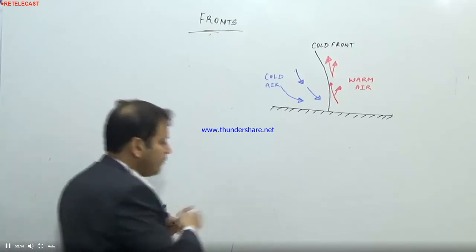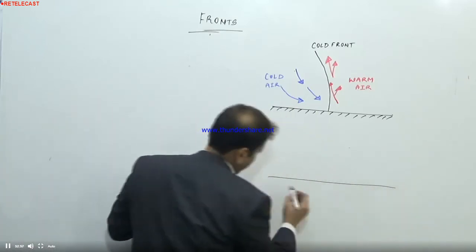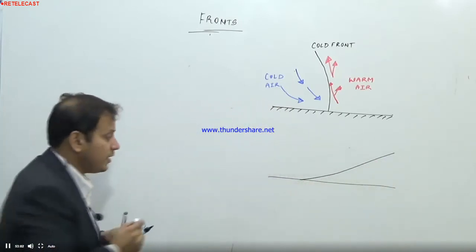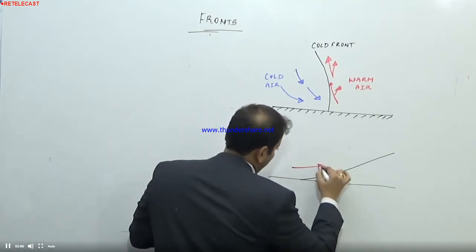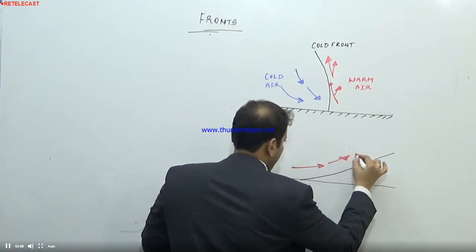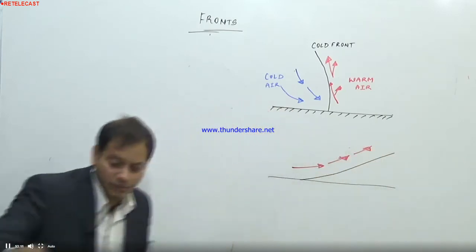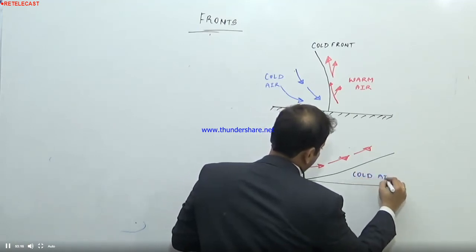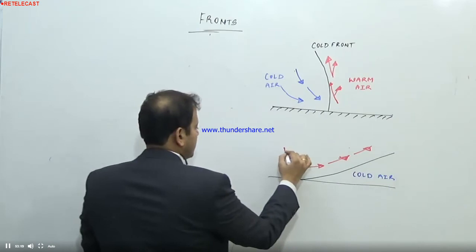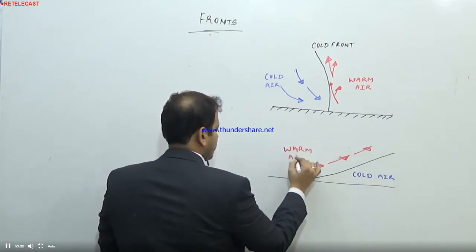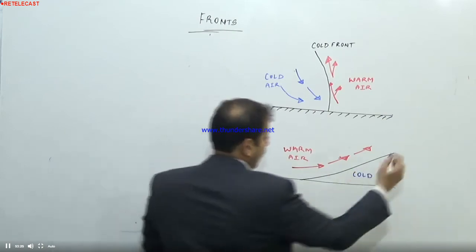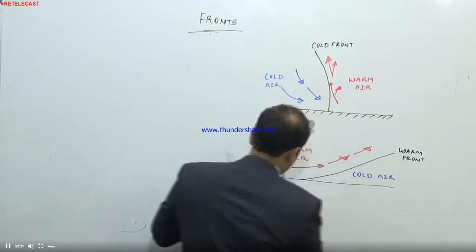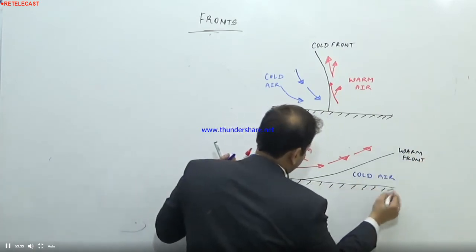On the other hand, if it is a warm front, the warm air will rise upwards voluntarily, while on the ground there will be cold air. Such a front is known as a warm front.